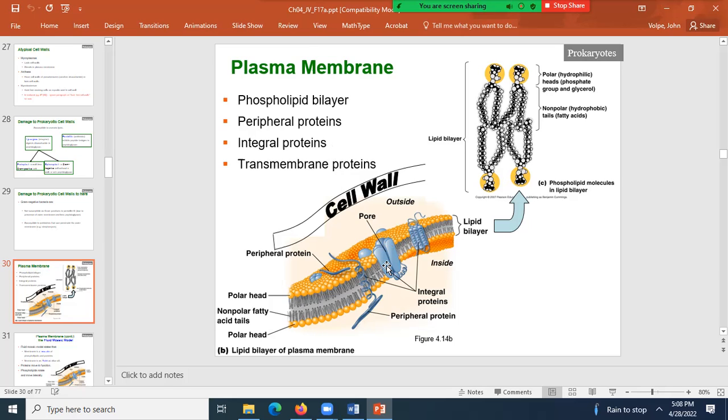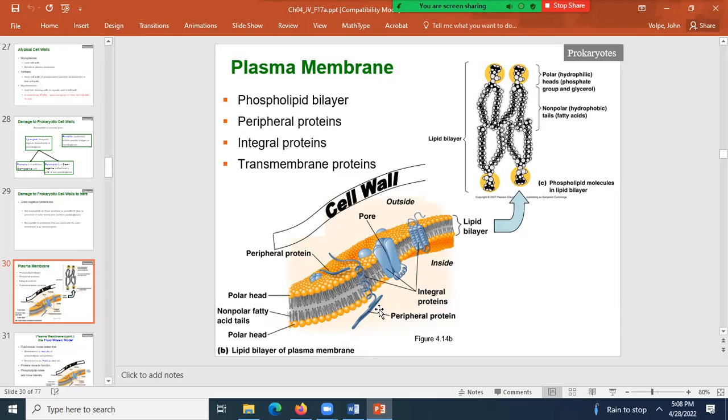Dr. Volpe, so in turn, integral proteins and transmembrane proteins, are those the same thing? Not exactly. You don't need to know the specific differences, because to tell you the truth, I'm not sure what those differences are, but both of them span the membrane. And that's the only thing we're going to talk about. The peripheral protein is mostly on one side of the membrane or the other side. So are integral protein and transmembrane embedded in the membrane?